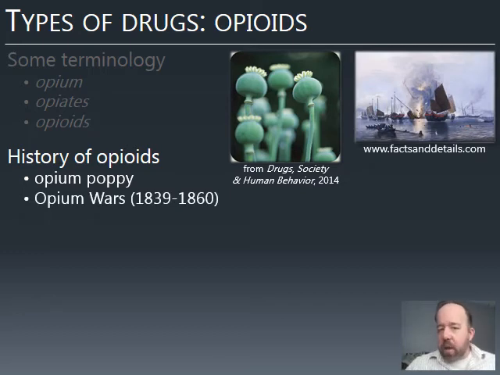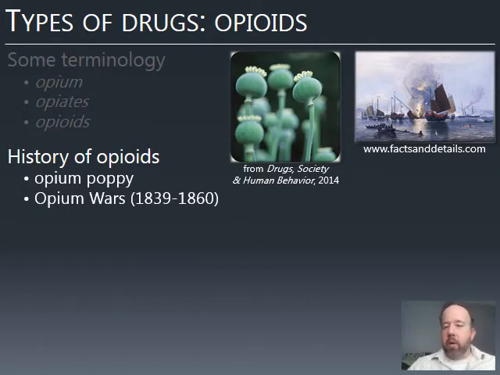So there's the opium poppy. And the opium poppy has an interesting history because wars have actually been fought over opium. In the mid to later 1800s, Britain fought a war against China because essentially China had products that Britain wanted, but Britain didn't have anything that China wanted. And so they wanted to trade, but Britain needed something to trade with. They had all of these opium poppy fields, thanks to their colonies in India.